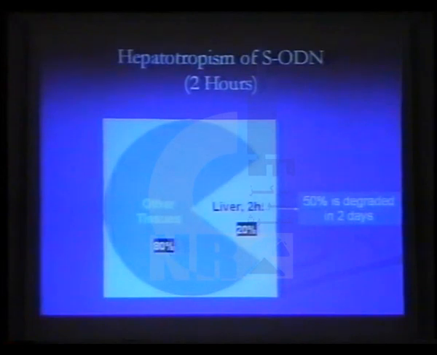Some pharmacokinetic studies show that these SODNs, when injected into small experimental animals, within 2 hours, 20% go to the liver, which is our preferred target tissue, and 80% will go to the other tissues. 50% will be degraded in 2 days.